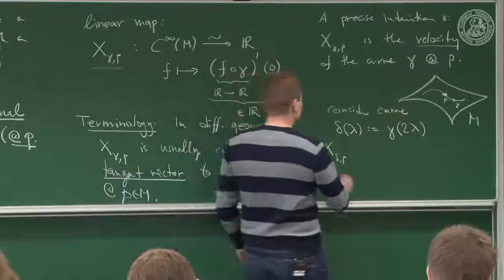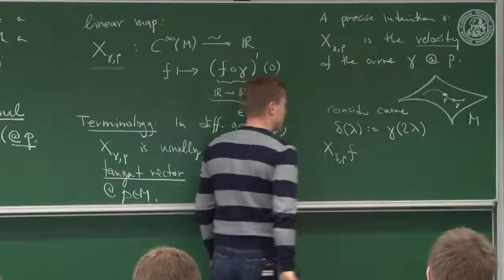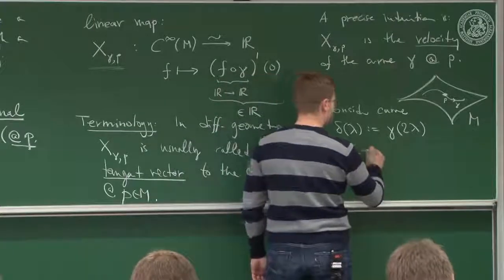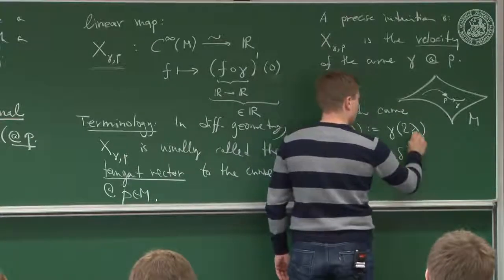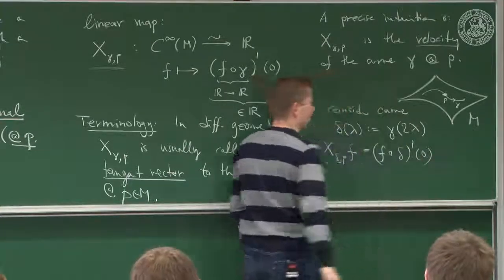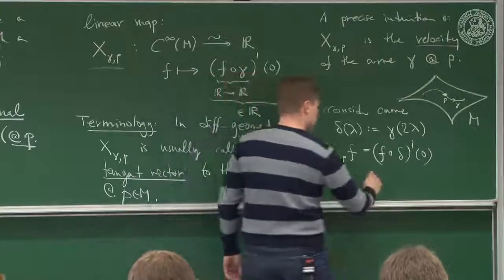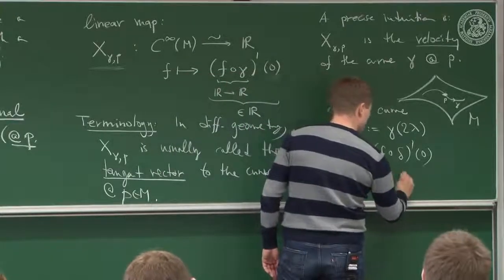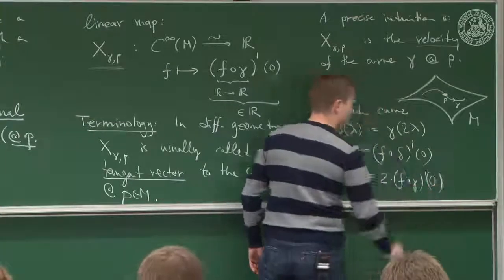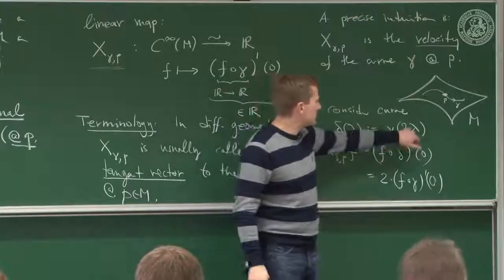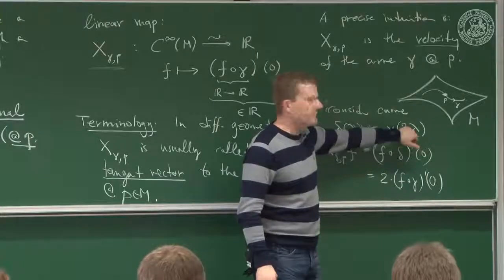What is x delta P? Well, we find out by acting on an arbitrary smooth function f. It's then f after delta. You derive it and you evaluate at 0. And it's not difficult to see that this is 2 times f after gamma derived at point 0, because you get an inner derivative from here.